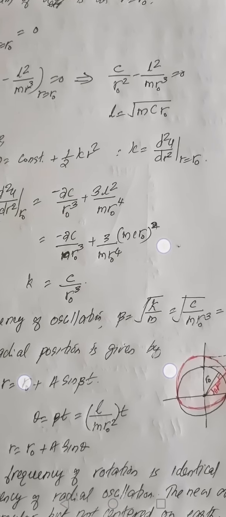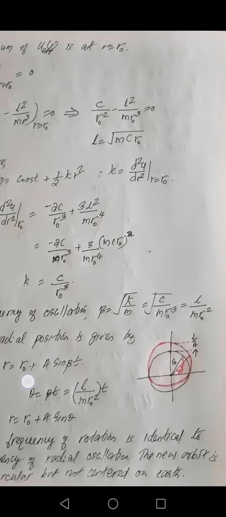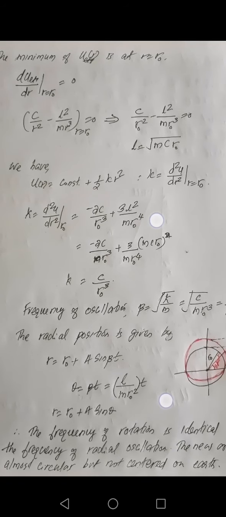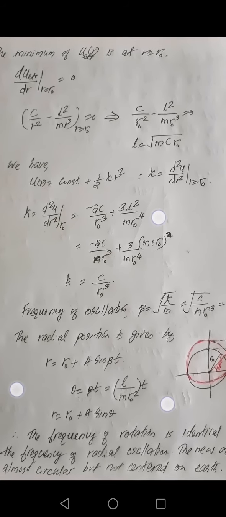So beta is equal to root k by m, and k is c by r0 cube, that is root c by m r0 cube, that is equal to L by m r0 square, knowing the value of L. That is, beta is equal to L by m r0 square. That is the oscillation frequency.